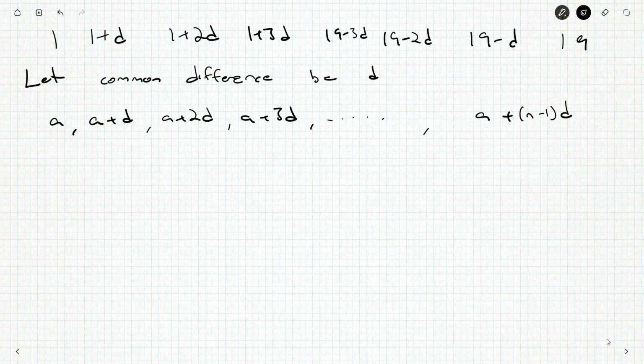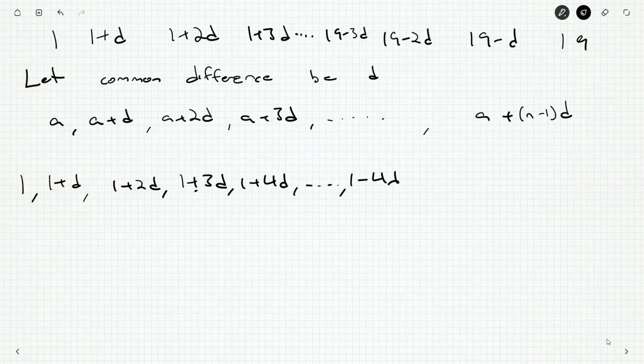And I'm running out of space, but we just keep going on in between this. Okay? We'll write this out. And so I can sort of work backwards and forwards.